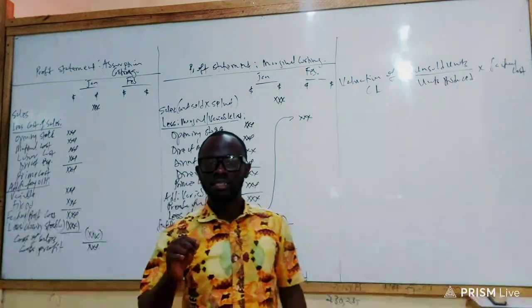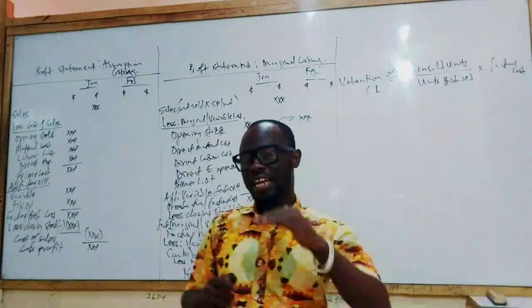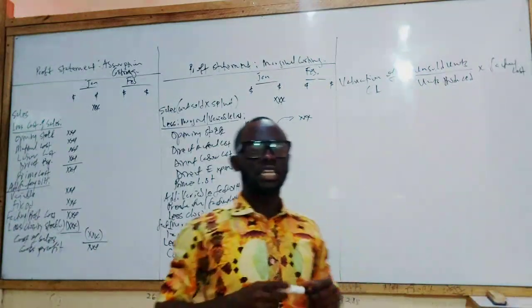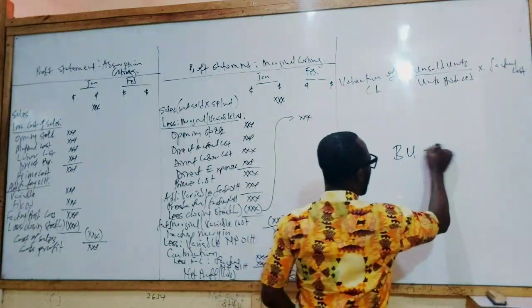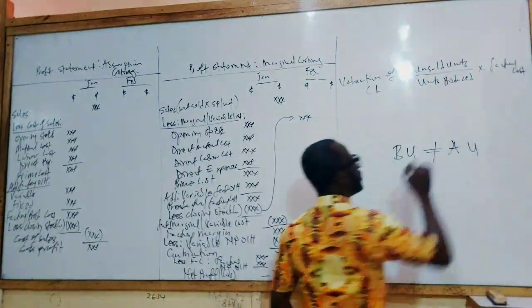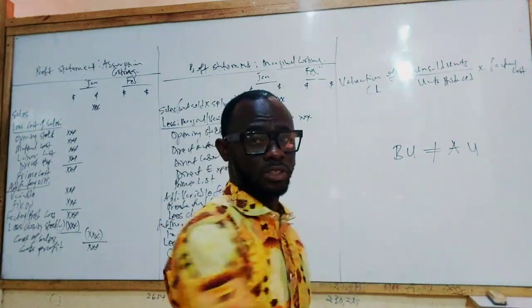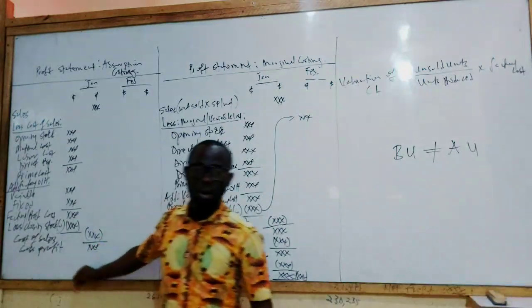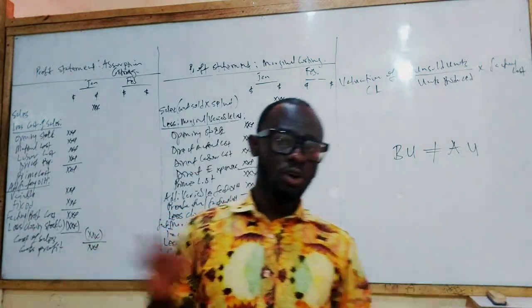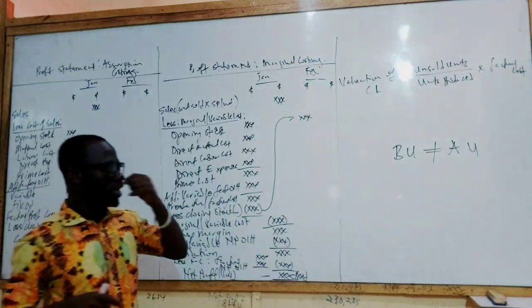Now, to determine whether overheads are over-absorbed or under-absorbed, the simple test is that we compare the budgeted units against the actual units. Please listen to this carefully because this is very important. Many students are not able to get full marks on this because of the over and under absorption concept, so make sure you get it well here.